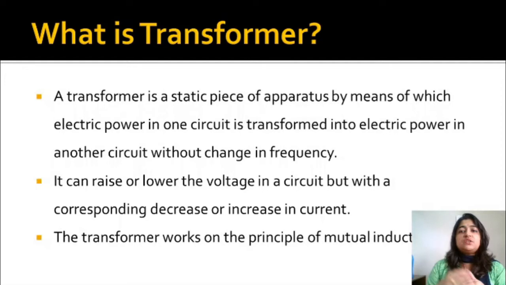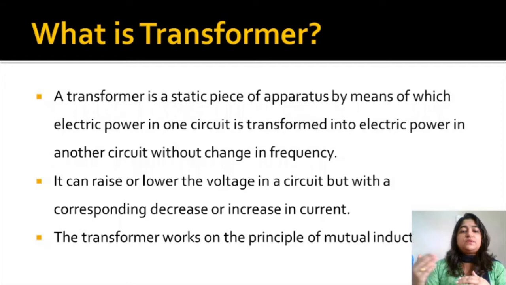But it also reflects on the current. When the voltage gets increased, it is a step up transformer and the current gets decreased. And when the voltage gets decreased, it's a step down transformer and the current increases. So when you say step up, step down voltage, it does so with the corresponding change in current.